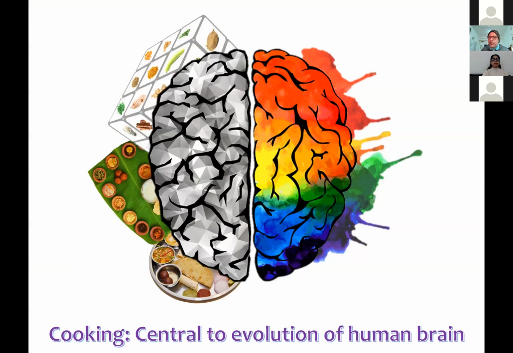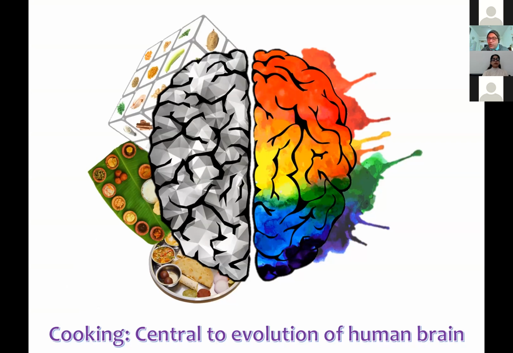Talking about food and cooking, interestingly, it has been considered that cooking is central to the evolution of the disproportionately large brain sizes that Homo sapiens, we humans, tend to have. We humans have a disproportionately large brain size vis-a-vis any other species living on the face of the earth, compared to our body size.